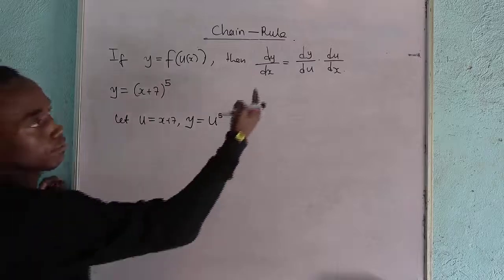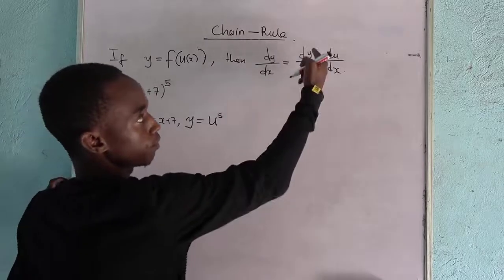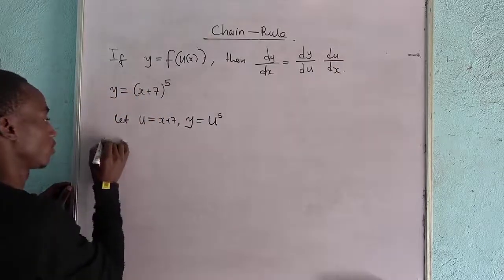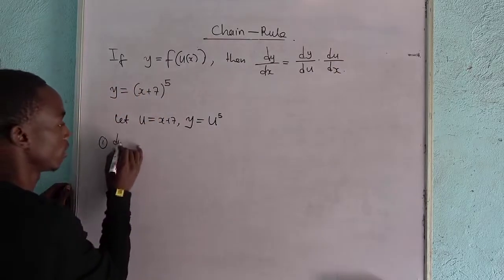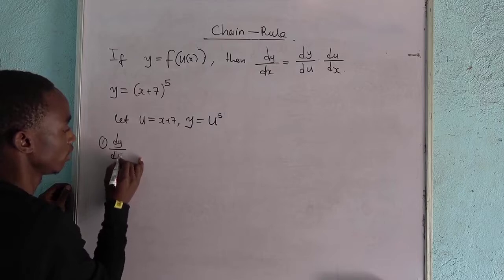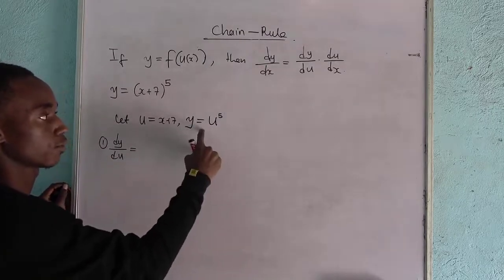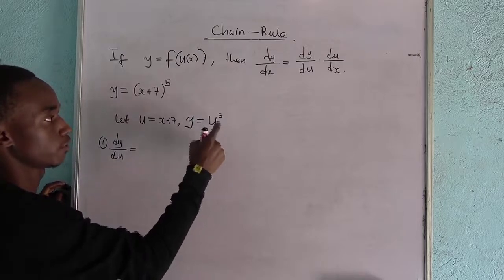So now, finding our dy/dx, first of all we need to find our dy/du and also du/dx. We'll start with dy/du. What is dy/du? It's based on what we have here. So let us differentiate this one with respect to u.